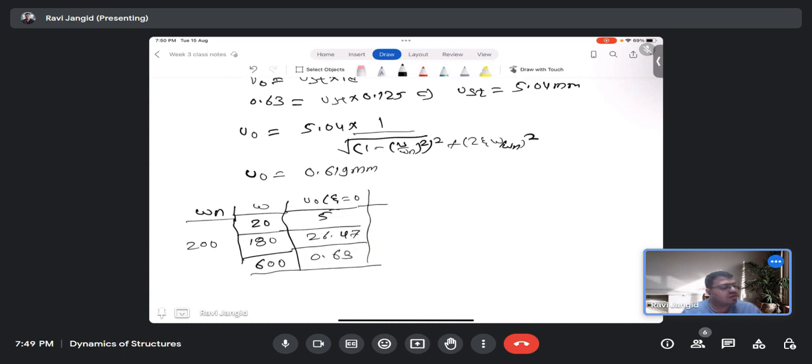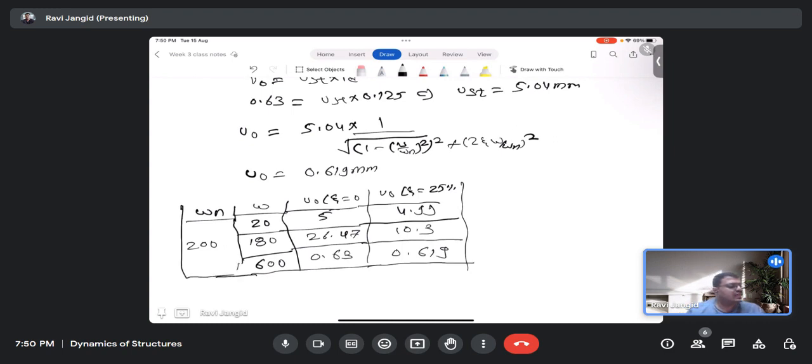And with 25% damping, we are getting the response 4.99, 10.3 and 0.619 mm.